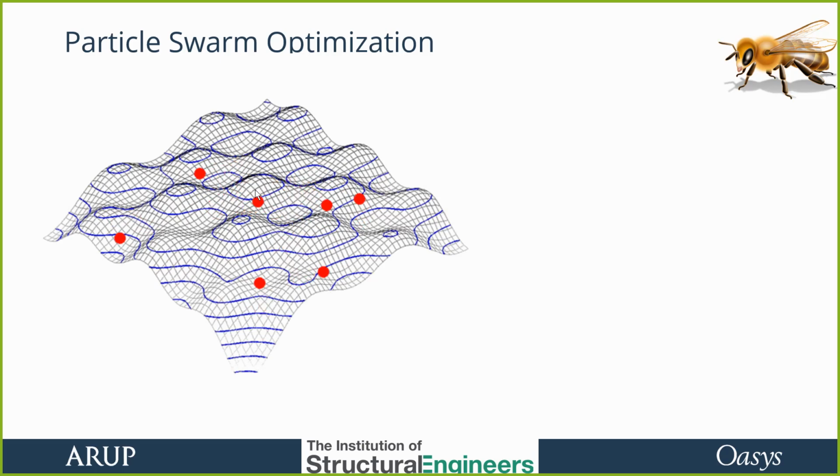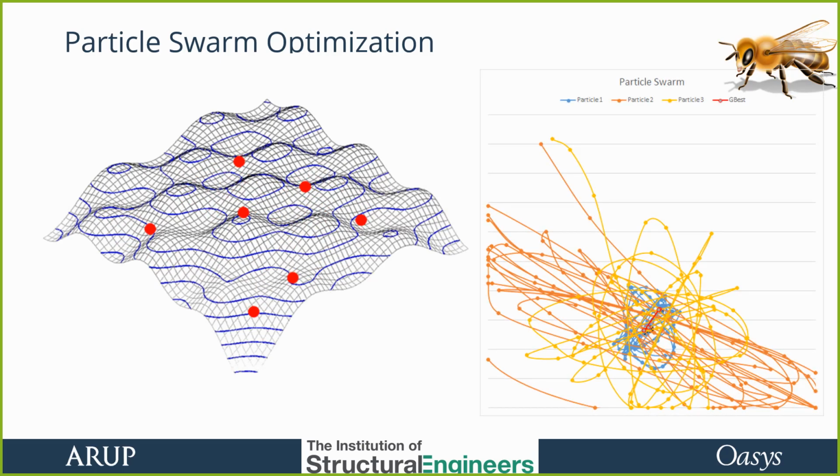That's the theory. I've done a test, and you can see this plotted here. The red spots here are the best spots. I find that they all tend to circle around. One of them might zoom in, but the rest tend to explore around the area.